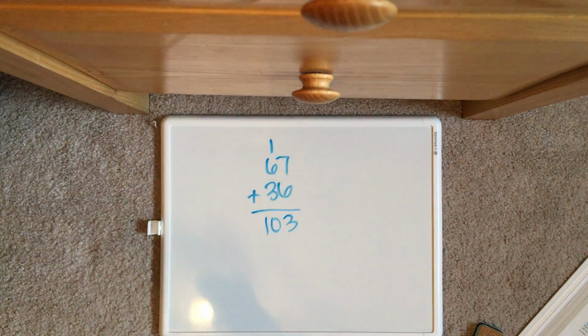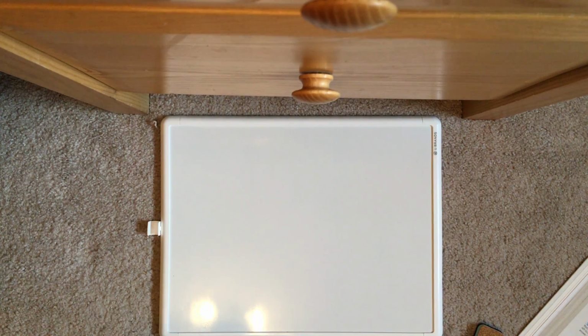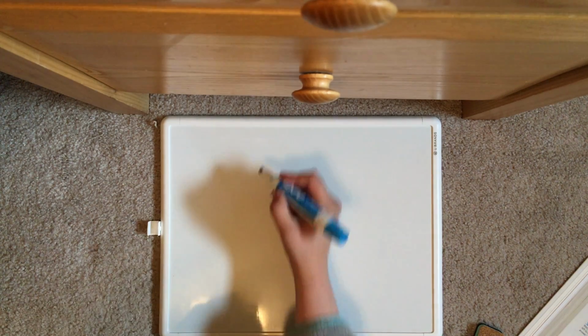But we are trying to get the students to look at other ways in which we can solve these addition problems. One of the ways that we have introduced is called the lattice algorithm, and I will show you an example of what a lattice algorithm looks like.